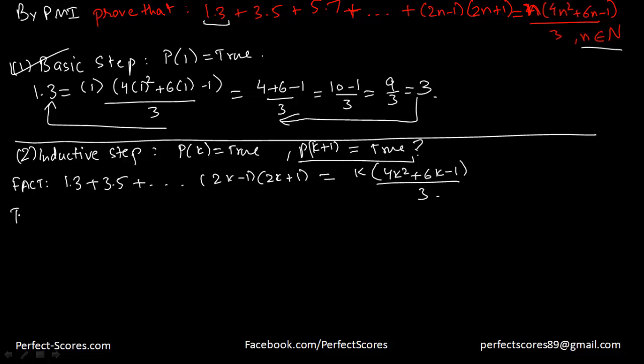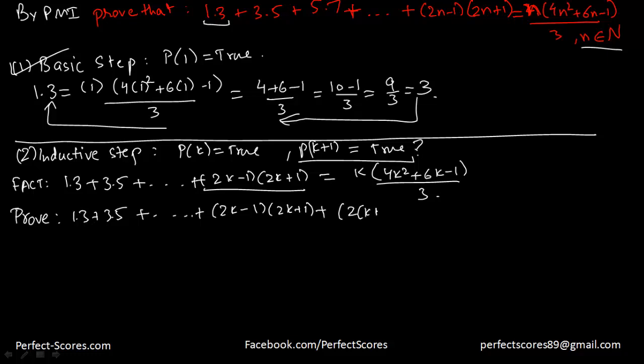Now what I have to do is prove that 1 into 3 plus 3 into 5 all the way till this step here plus one extra step. So that is still k plus 1. So another step is going to be 2 into k plus 1, instead of k, I'll have k plus 1, into 2 into k plus 1 plus 1, is equal to, when I talk about the right hand side here, I'm just going to write the right hand side here.